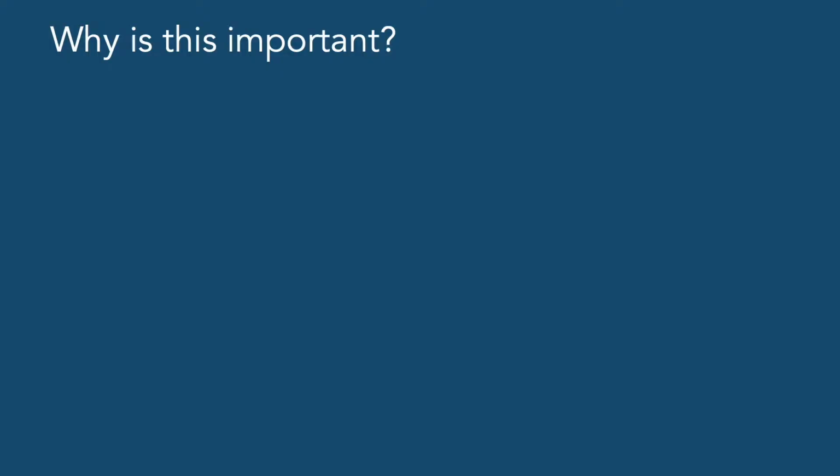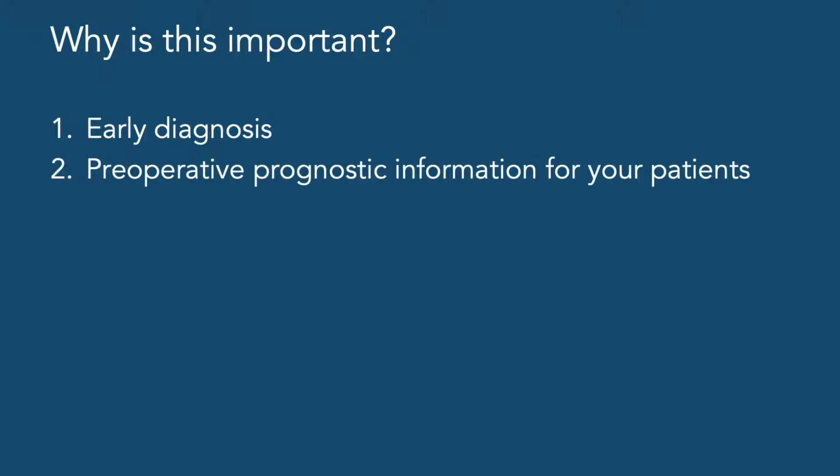So why is predicting if a melanoma is in situ or invasive important? Well, it's important for several reasons. First of all, of course, we want to try to find melanoma at an early stage, as early as possible. So early diagnosis is, of course, very relevant. We can also give preoperative prognostic information to our patients.